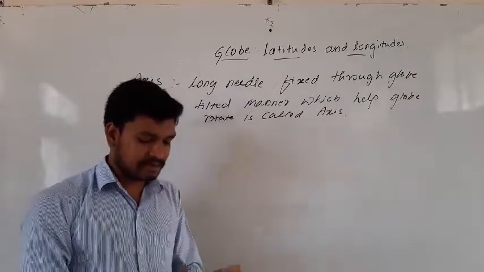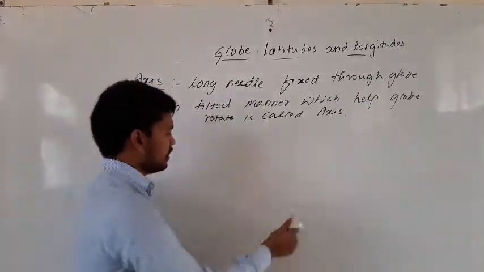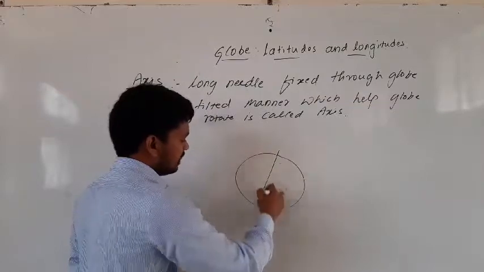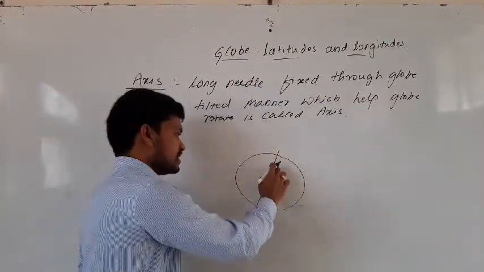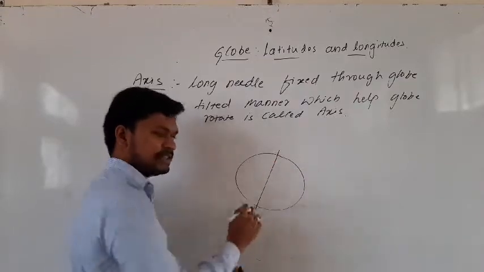It's a line which passes through the globe, and with the help of this needle or axis the globe rotates. It's an imaginary line, but on the globe we can see it.